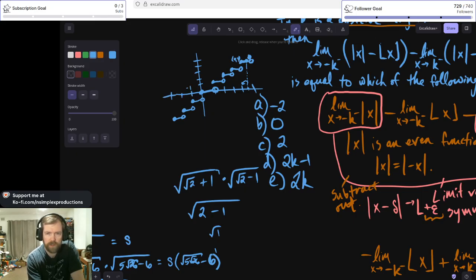Right, so if we take 1 and negative 1 as an example, as x approaches -1 from the negative side, it's going to be down here.